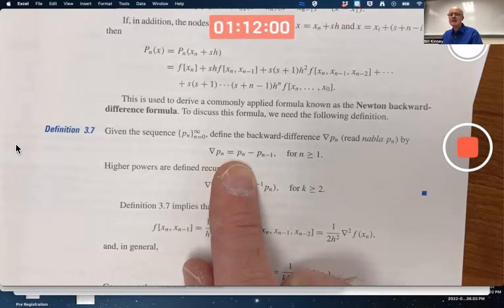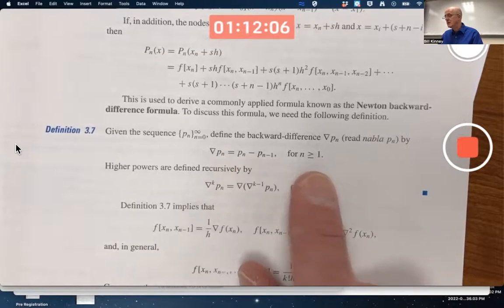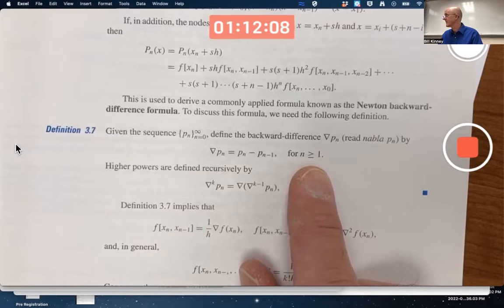Nabla Pn is Pn minus Pn minus 1 instead of Pn plus 1 minus Pn. You do start n at 1, though, instead of 0. It is really the same sequence, again, just with the subscript changing. The labels change. The first term in the sequence has a subscript of 1 instead of 0. But it's the same list of numbers as with the forward difference operator.